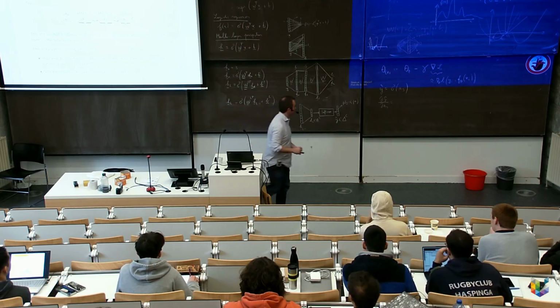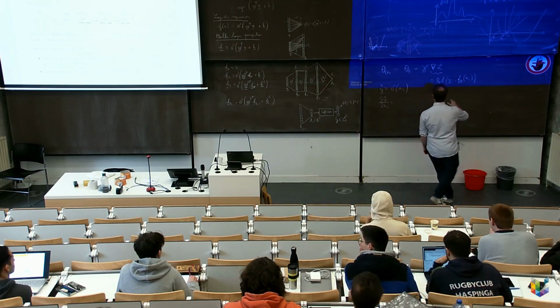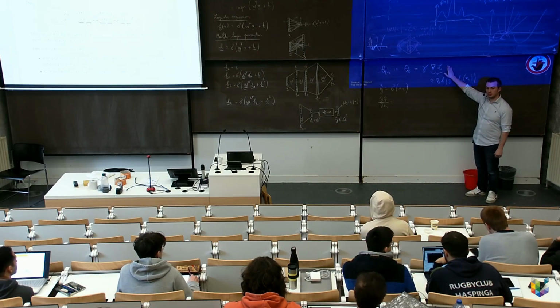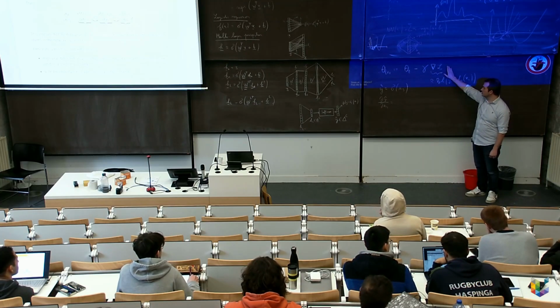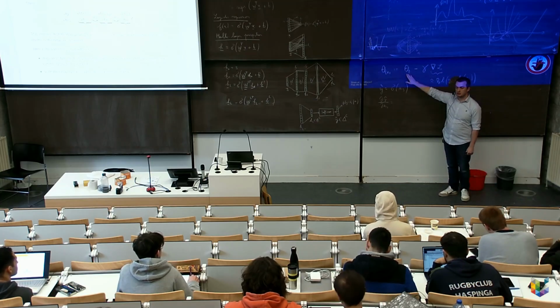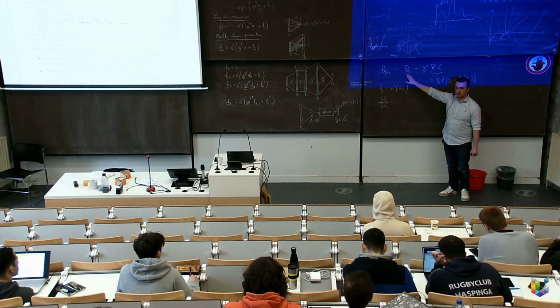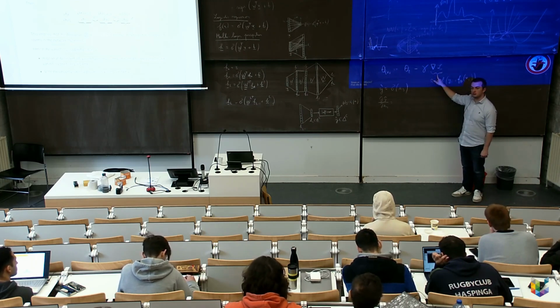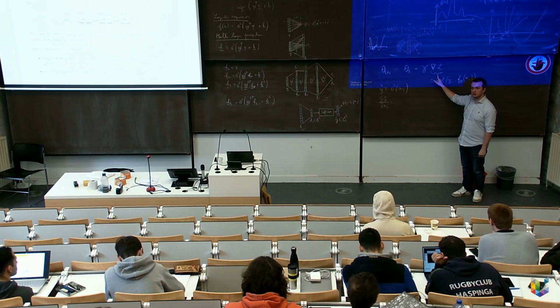Because the algorithm that we use to optimize the parameters is this one. When I said we use stochastic gradient descent, we start from a random guess, a random initialization of the parameters. And then we make a step in the opposite direction of the gradient. But now this gradient is 0.